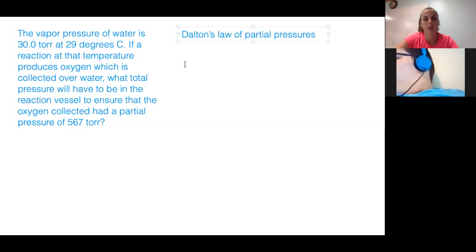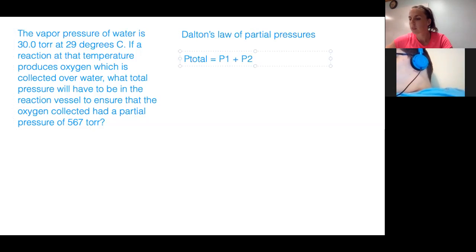Dalton's law of partial pressures, and that is P total, the total pressure, is equal to the partial pressure of one plus the partial pressure of another. Okay? And in this case, the total pressure is equal to the pressure of oxygen plus the pressure of the water vapor.